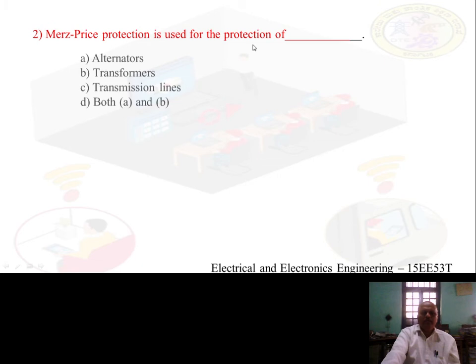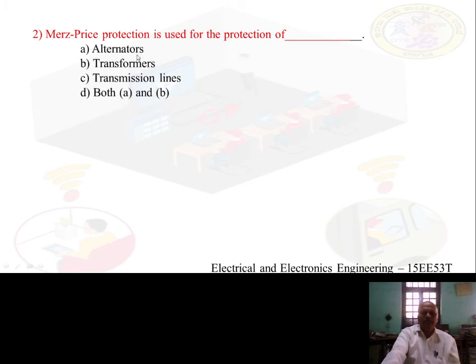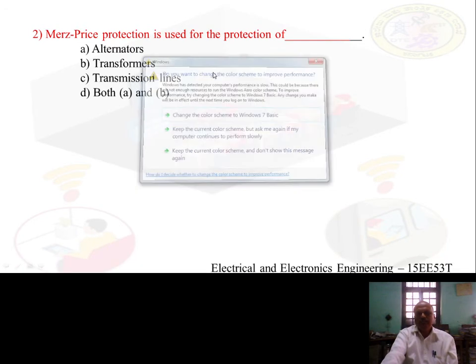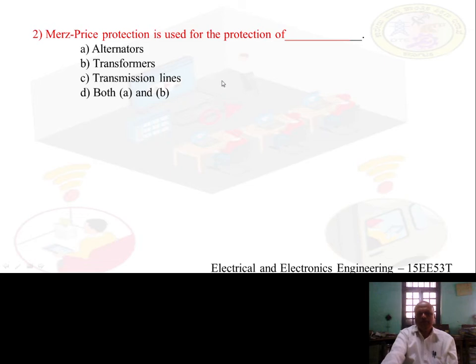Your options are A. Alternators, B. Transformers, C. Transmission lines, D. Both A and B. Merz-Price protection is used for the protection of alternators, transformers, transmission lines, both A and B. This system is used for the protection of alternators and transformers, not the transmission lines.